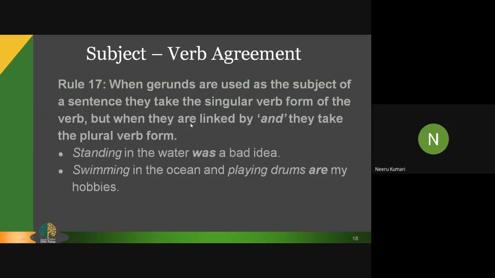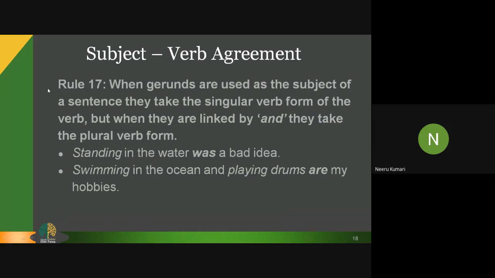But when we are including two different actions in gerund form, always remember the verb form added with the subject will be plural.